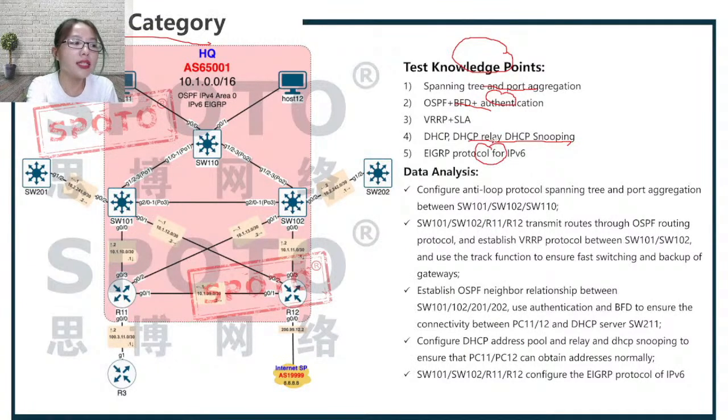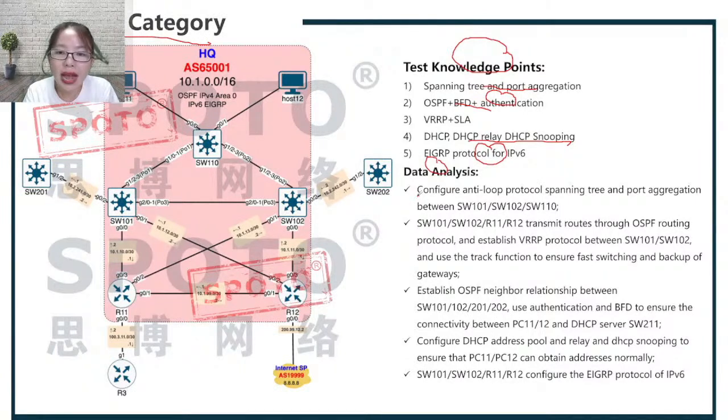Students must understand the principle of these points, and I will also analyze the data analysis and the routing transfer of this module for you today.